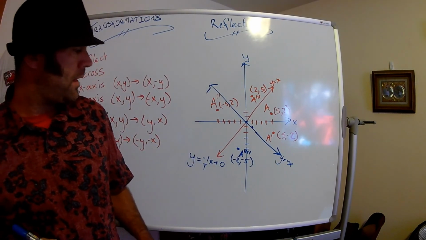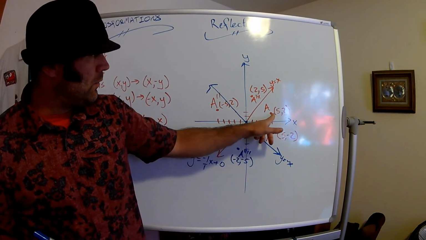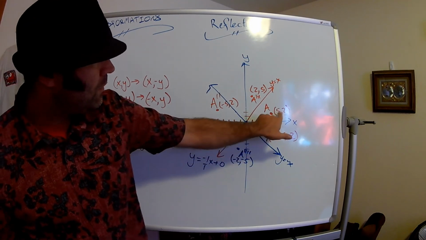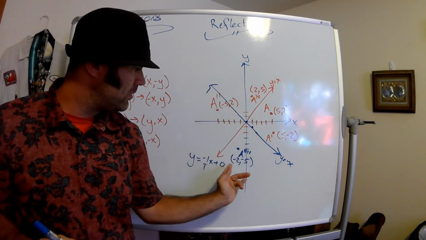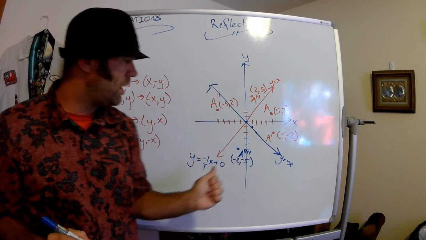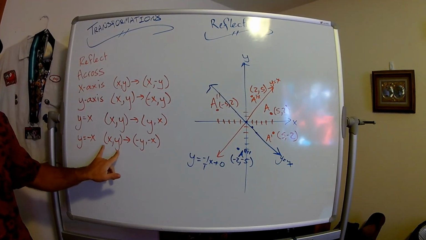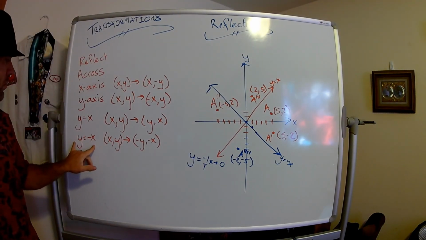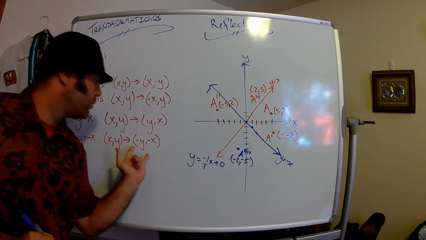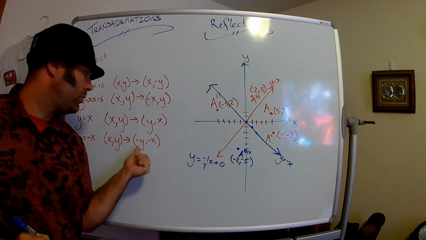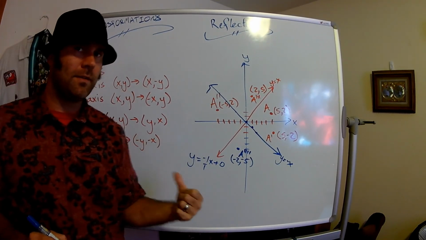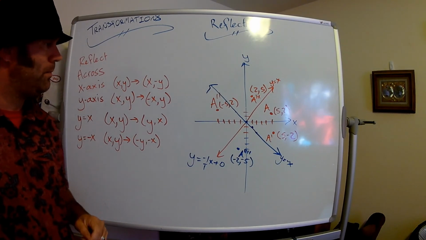Okay? And if we look, 5, 2, they swap positions to 2, 5, and they both become negated. And that's correct. When y equals negative x, x y becomes y x, but it's negative y comma negative x. So it changes sign as well.